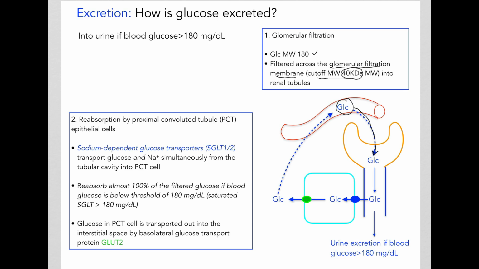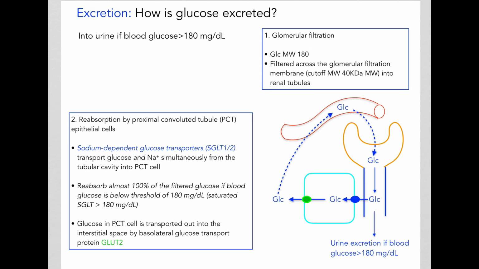That means any chemical that has a molecular weight less than 40,000 has a good chance of escaping this membrane and entering the tubule. Then glucose is very small. 180 is very small compared to 40,000. So it's very readily filtered, and it's water soluble, so it has no problem getting filtered into the renal tubules.